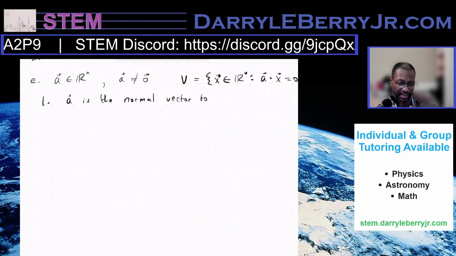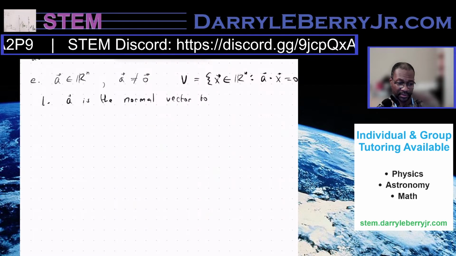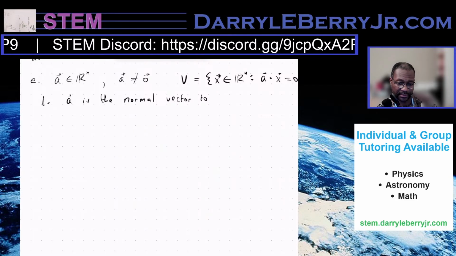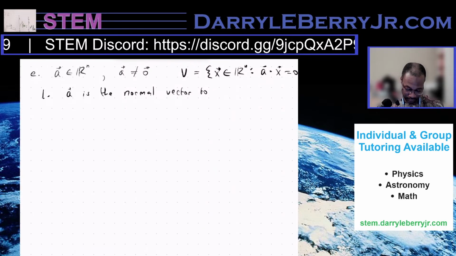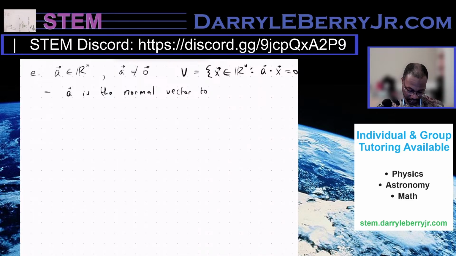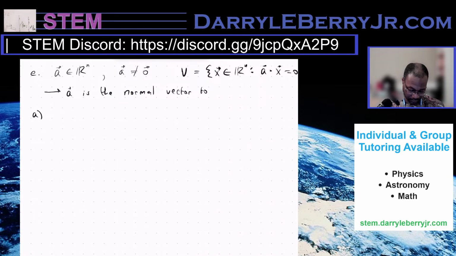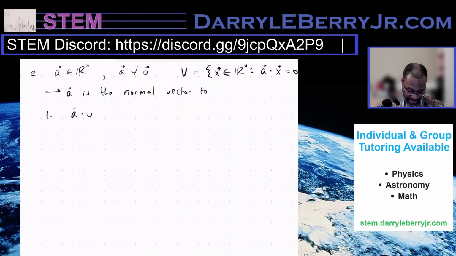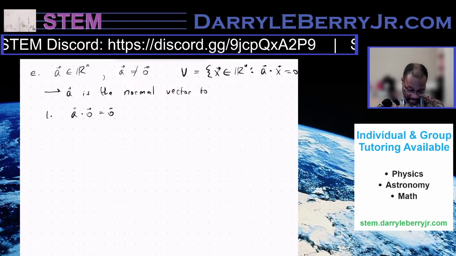V is a subspace because it's in the same dimension as X. A dot 0 equals 0.